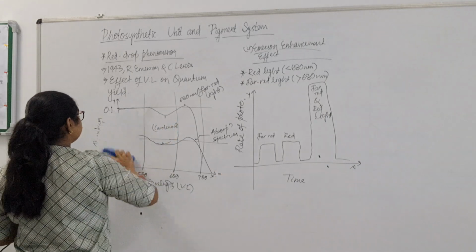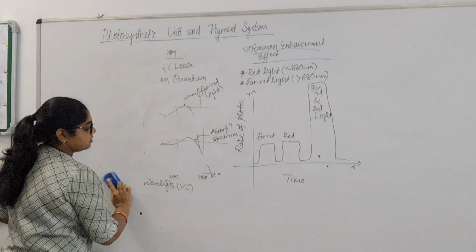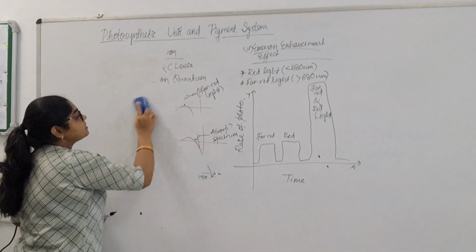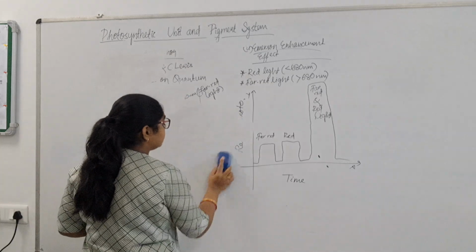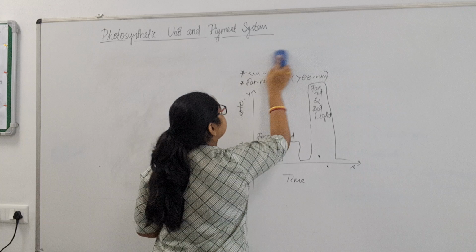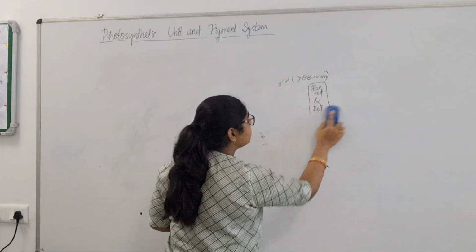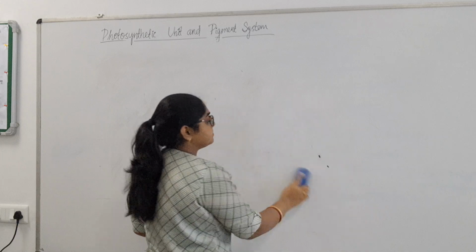Now we will discuss the pigment system. As I said, the pigment system is seen in all oxygenic photosynthetic organisms, and in oxygenic photosynthetic organisms there are two types of pigment system.